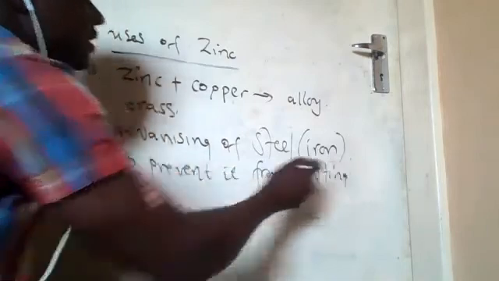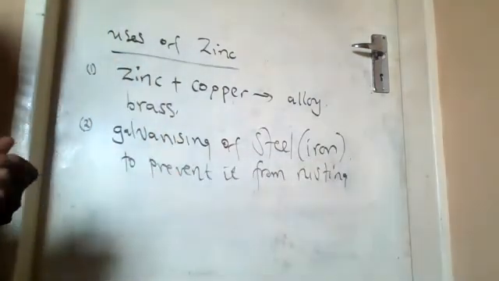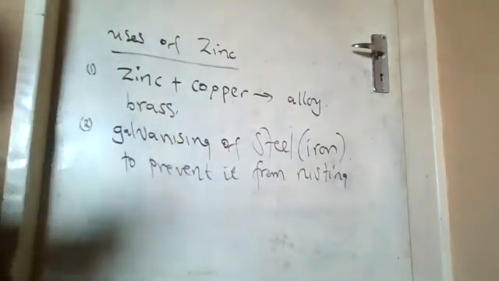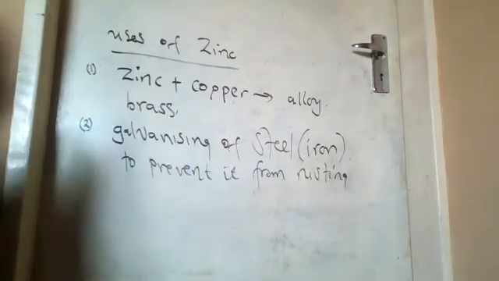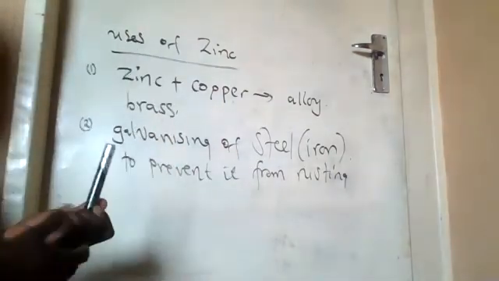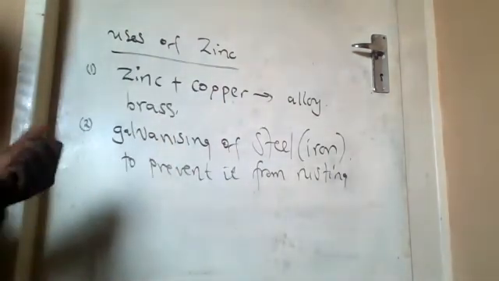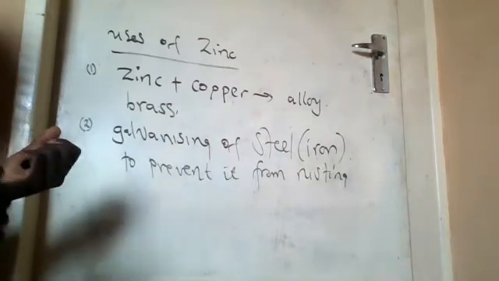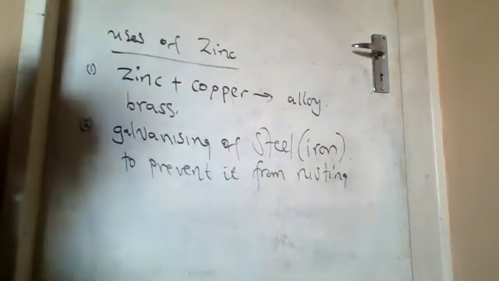When you want to prevent the iron or steel from rusting, we galvanize the steel or iron. That means coating traces of zinc around the element that you want to protect. That's what we call galvanizing.